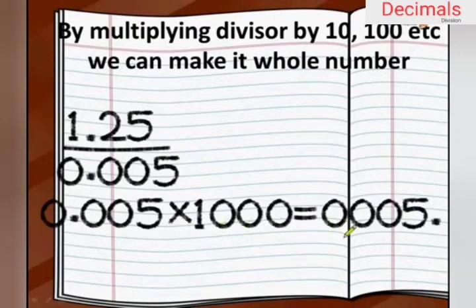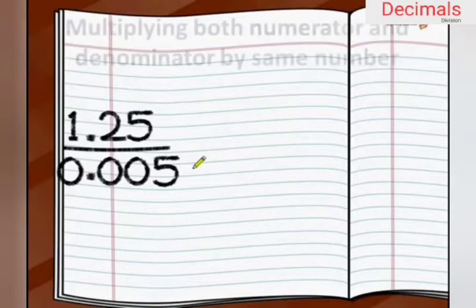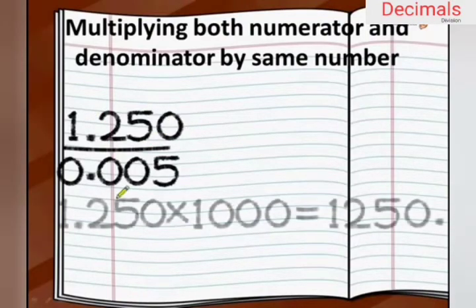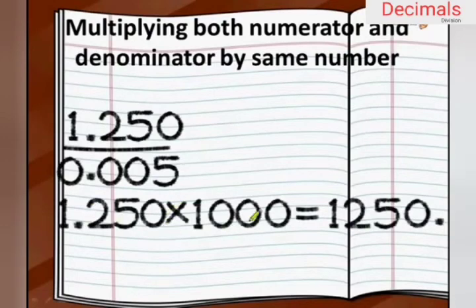So making the equivalent fraction, we have to multiply 1000 in the numerator also. But here we have only 2 digits after the decimal point. So what can we do to make it 3 digits? We can easily put 0. No worries, you can put it. So now we have 3 digits, so we can easily shift the decimal point after 3 digits.